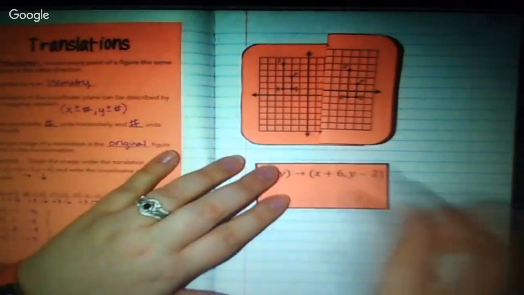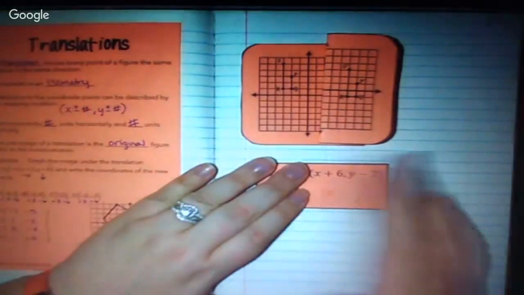Oh no, I dropped my piece on the ground. All right.